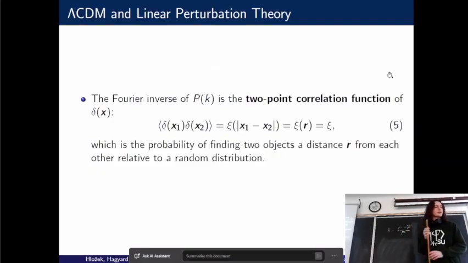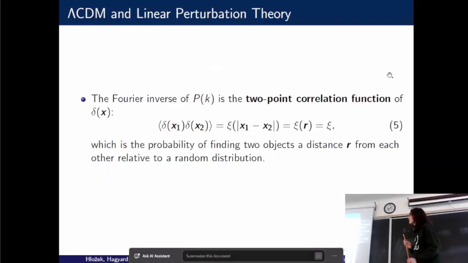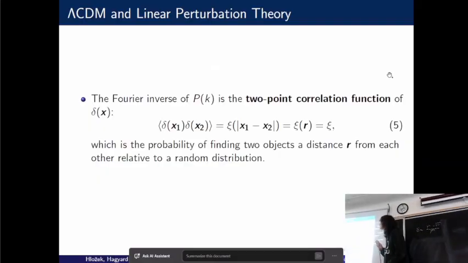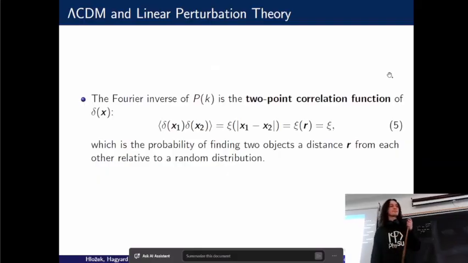Another important term that we can get from the power spectrum, or more generally from linear perturbation theory, is the two-point correlation function, which is essentially just the Fourier inverse of the power spectrum.